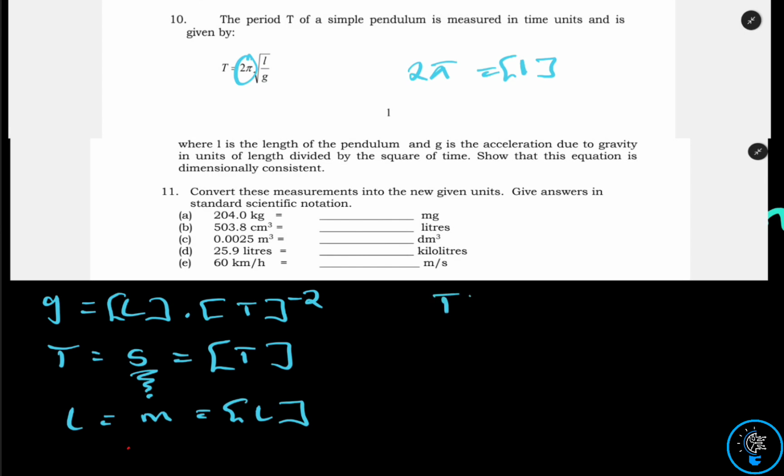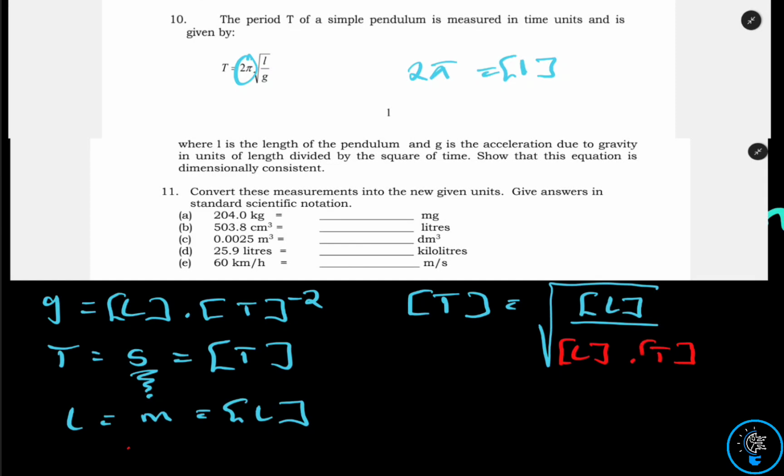So we are saying T will be equal to the root of L over G. G is given as L times T to the power -2.